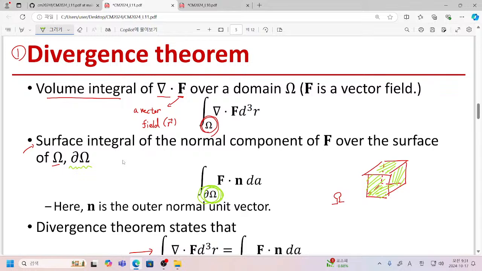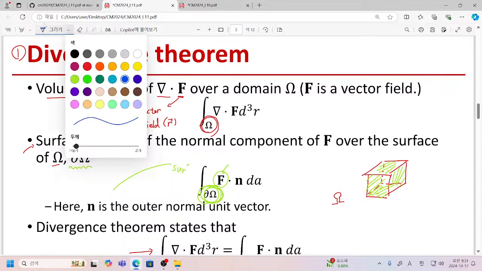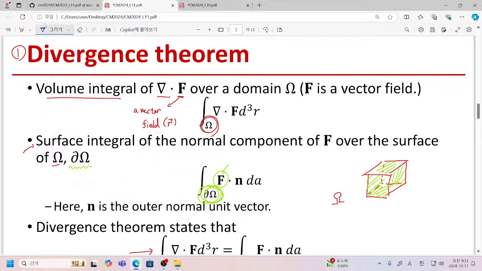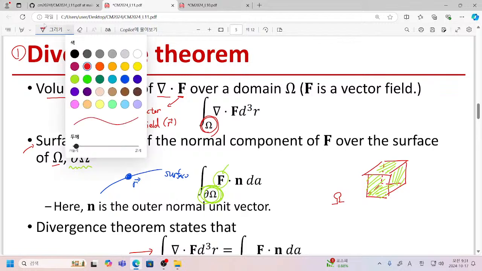Of course F itself is a vector quantity. Sorry, I think maybe we need a different color for better visibility. So let's say that this is the surface, and here we have a certain point R. Even at this point, our vector field F can have a directional component.